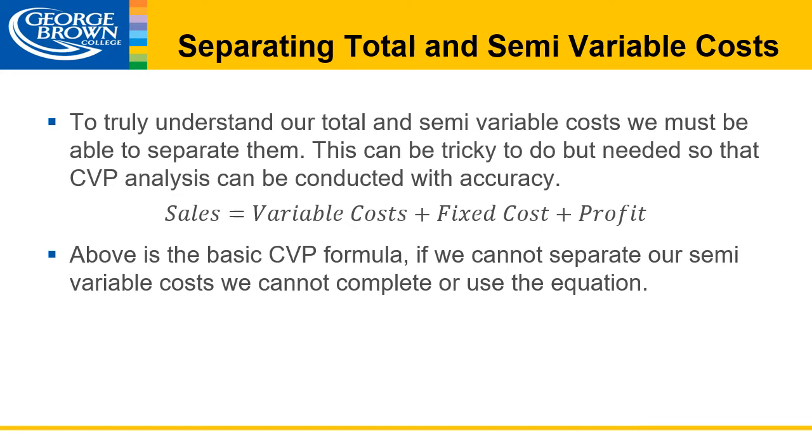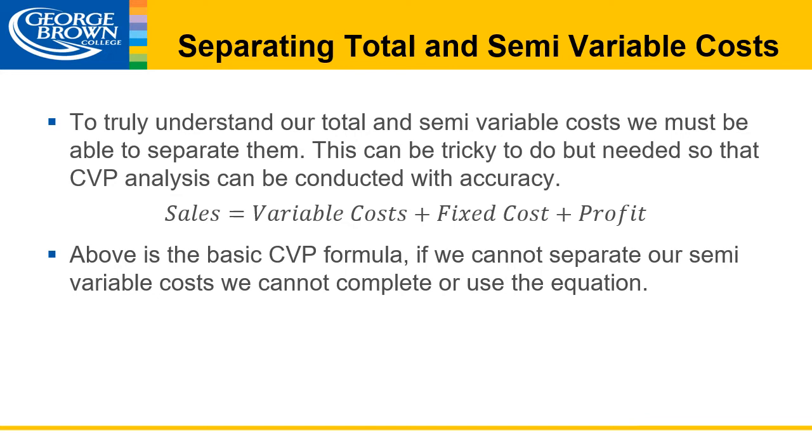So we have to understand exactly the difference between the variable cost per unit and our fixed costs. We can begin to understand what those numbers are by separating our total costs into their variable and fixed components.